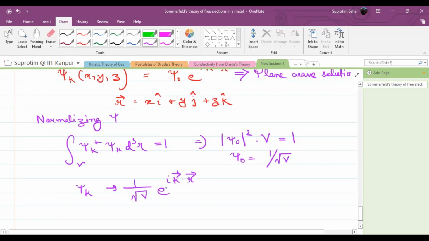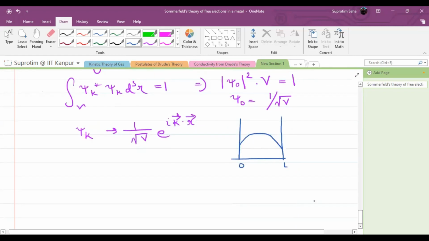So earlier, for a free particle in a box, we were considering that the wave function should go to 0 at the boundary of the box.